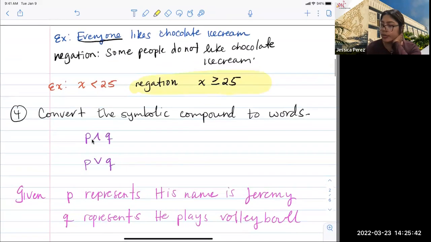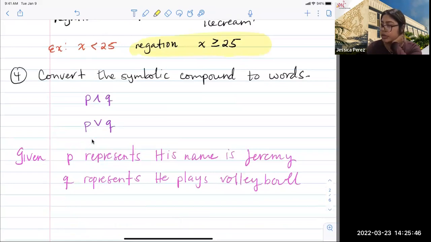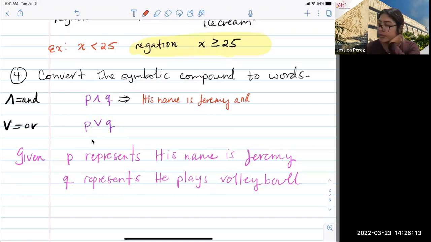Now we want to convert the symbolic compound to words, given that P represents his name is Jeremy, and Q represents he plays volleyball. Remember that this symbol means and, this symbol means or. So the statement will say, his name is Jeremy and he plays volleyball.